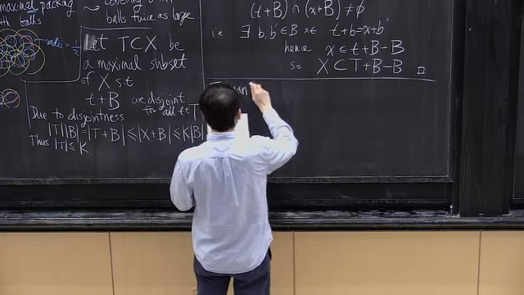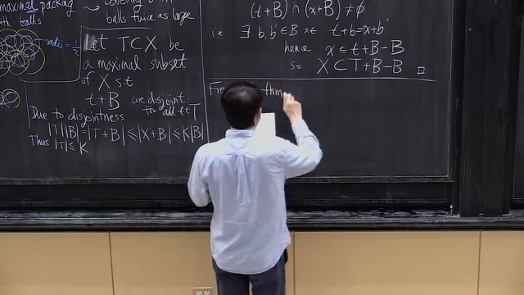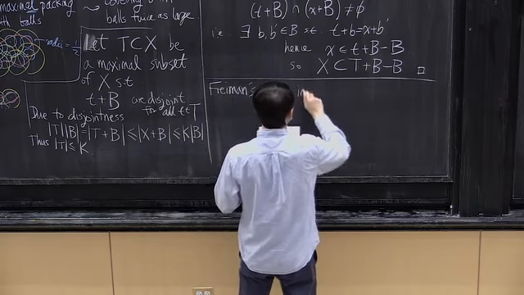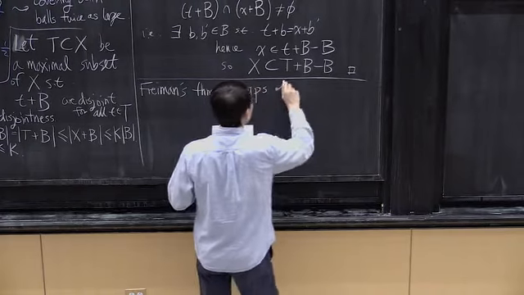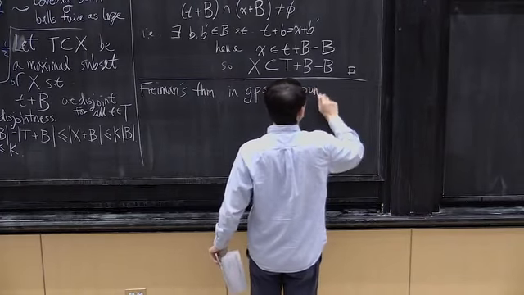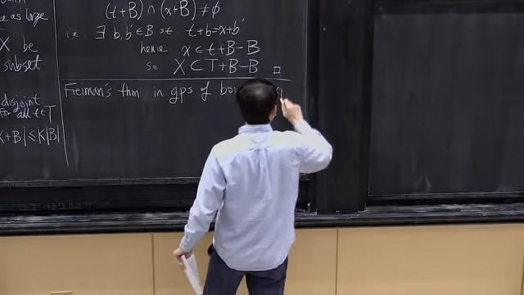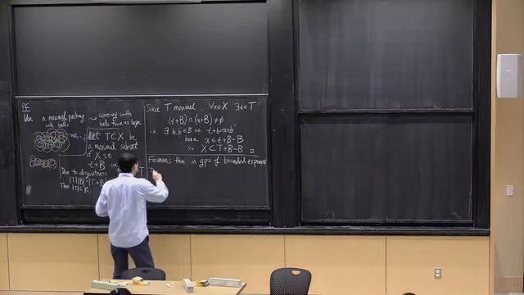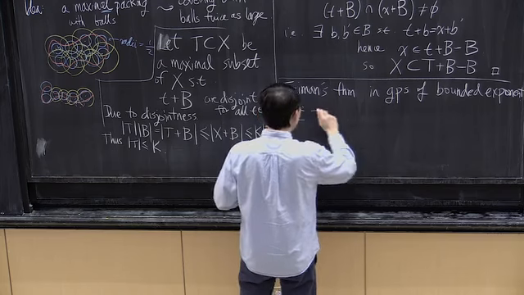So we're going to be working in a group of bounded exponent. Freiman's theorem in groups of bounded exponent. The word exponent in group theory means the following.